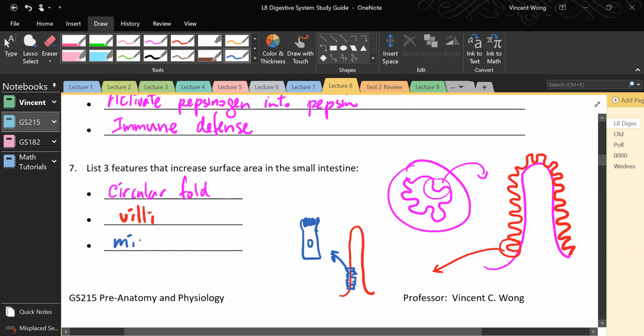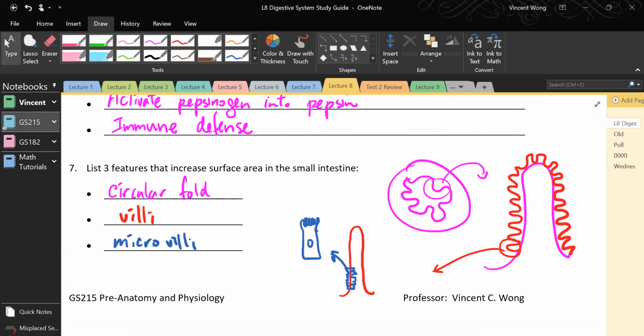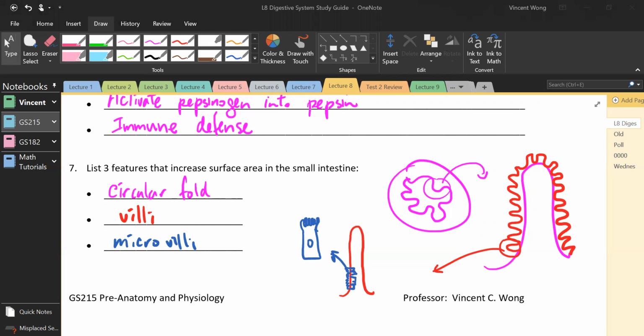These are called microvilli. Collectively, all these foldings substantially increase the surface area. Of course, you want a large surface area in the small intestine so that you can maximize your ability to absorb things. So that is that.